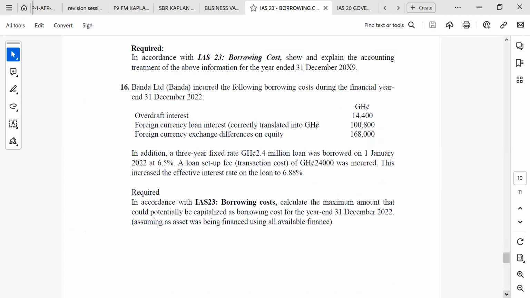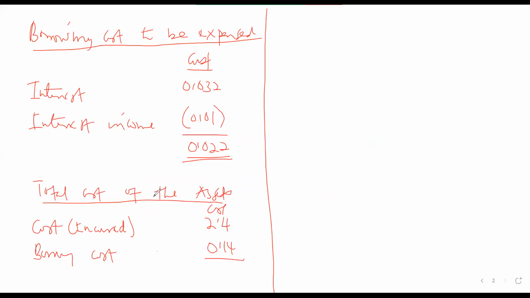Hello, Linus. Yes. We haven't done it in such a way that when we go to the P&L, what figure are we sending there? When we go to the statement of profit or loss, where are we putting it? Okay, this is the profit or loss one, which is the 0.22 over here.